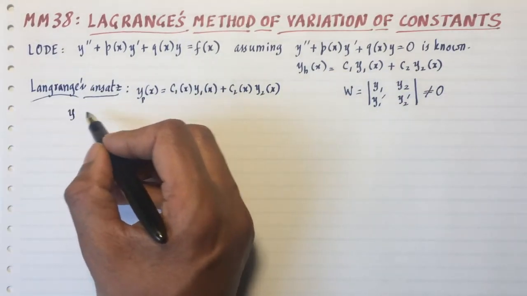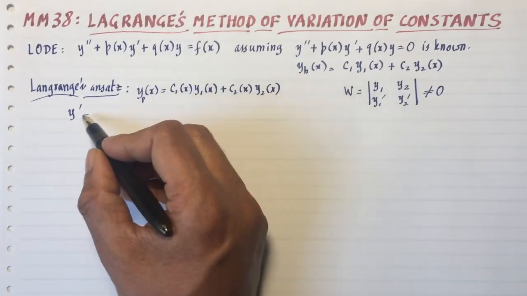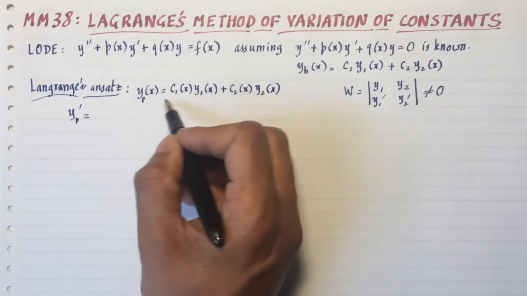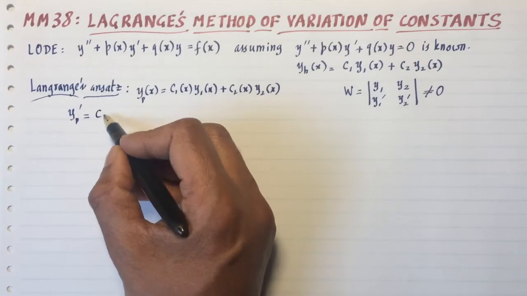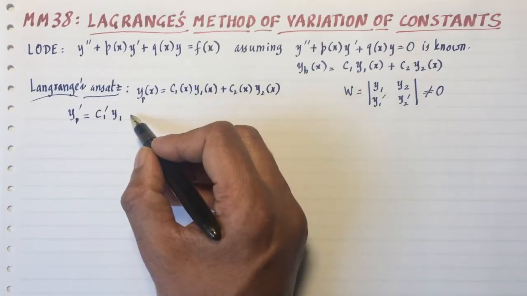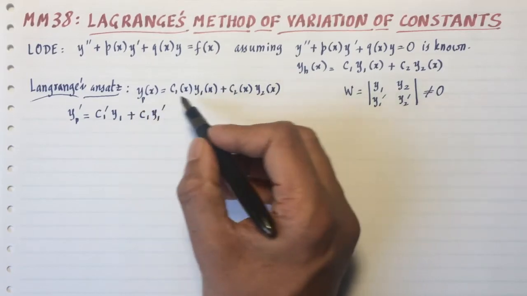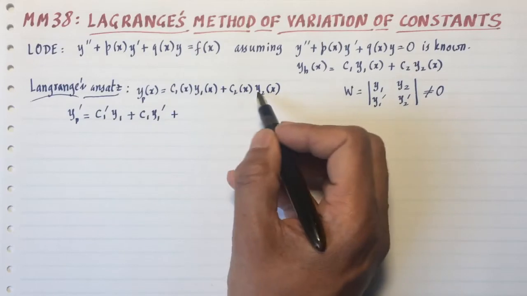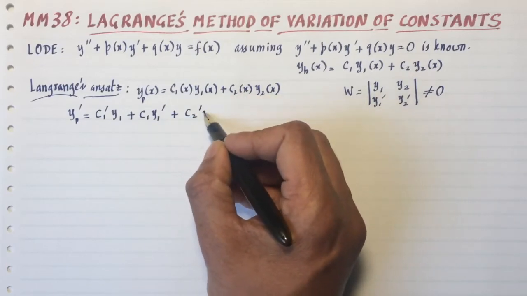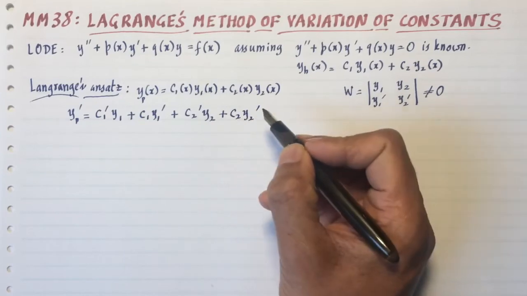Let's take the derivative. I'll not write yp anymore. Yp prime is equal to c1 prime y1 plus c1 y1 prime, because I'm using the Leibniz rule there. Similarly for the other term, c2 prime y2 plus c2 y2 prime.